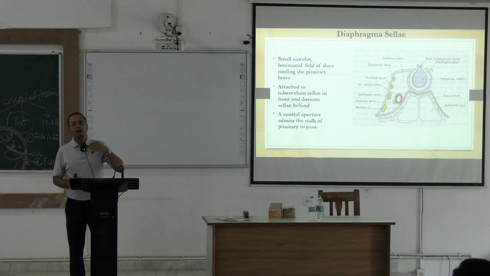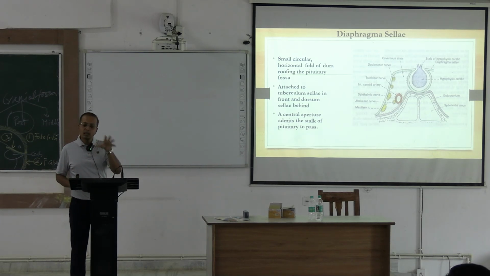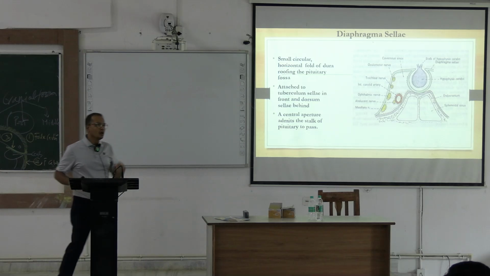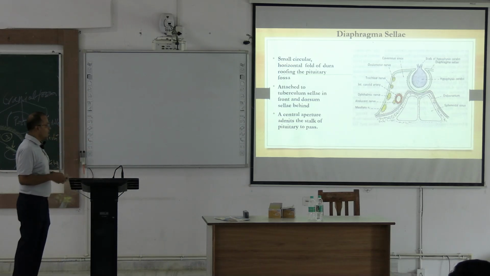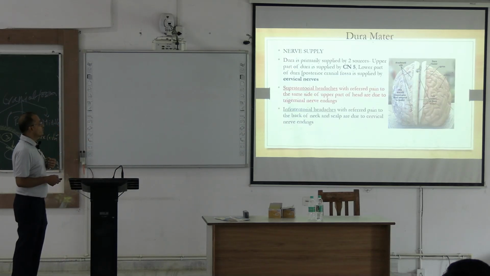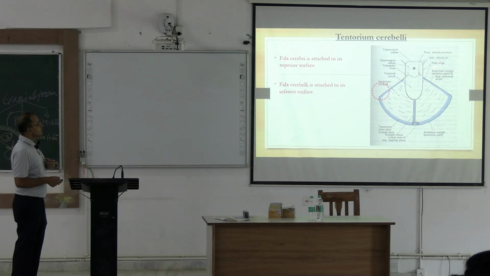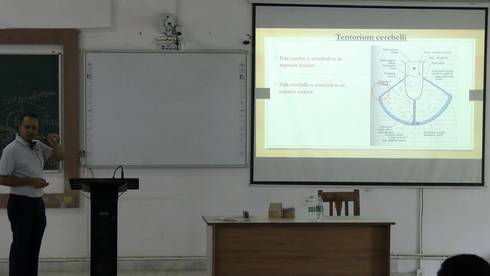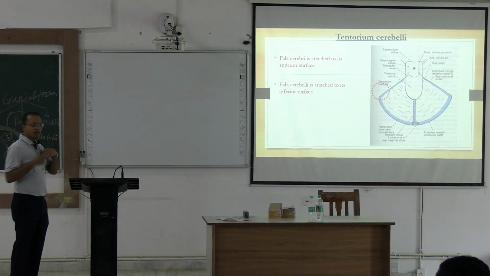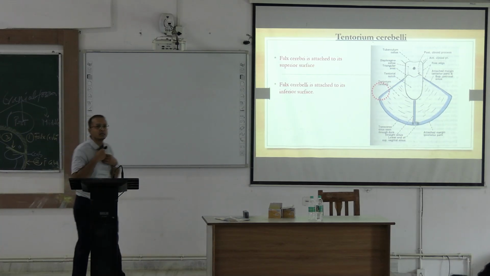This too is a meningeal fold. Where this meningeal fold is, we have a midline bone over there. We call it the sphenoid bone. On the superior surface of this sphenoid bone, we have a cavity. That bony cavity we call the sella turcica.